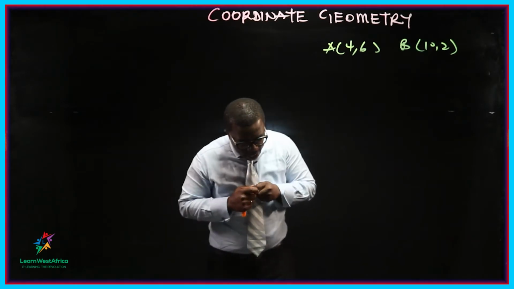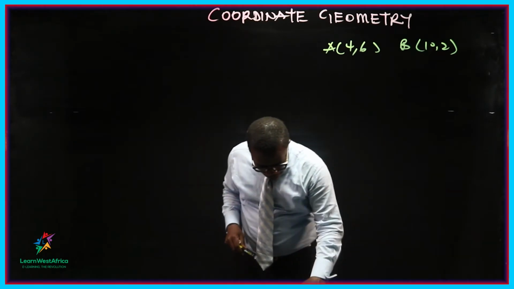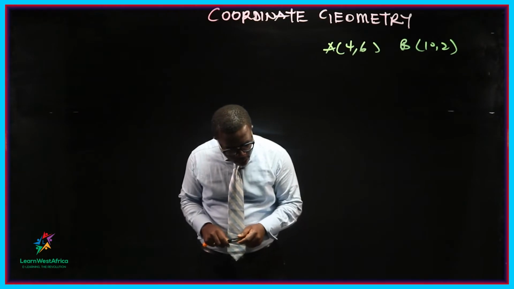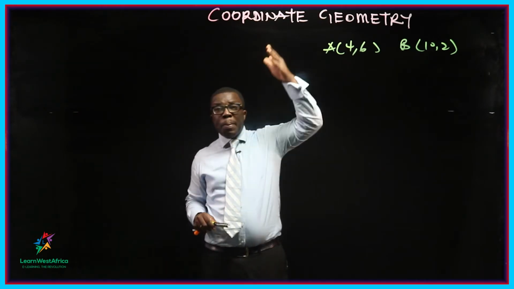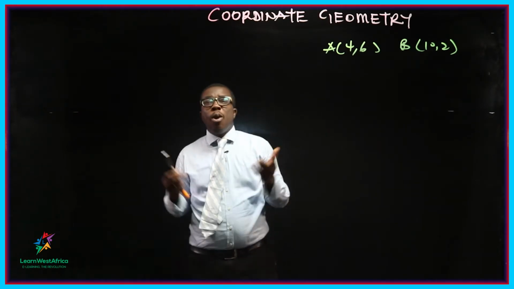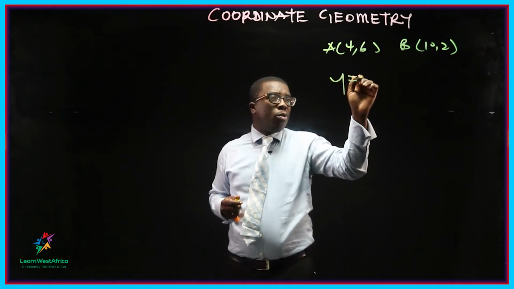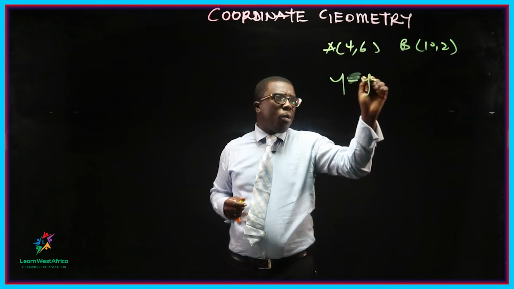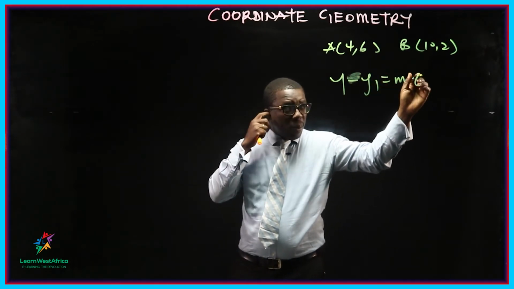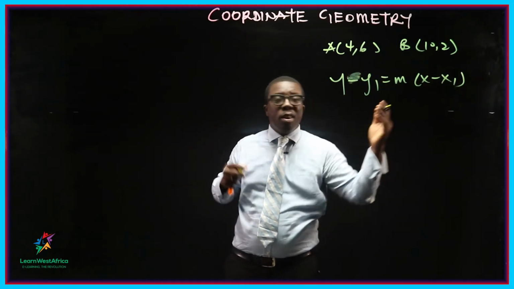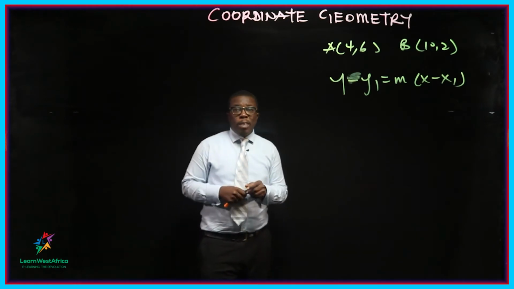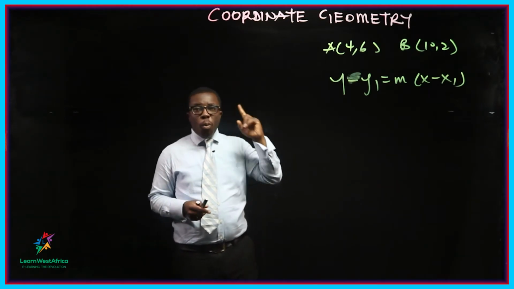And we want to find the equation of the perpendicular bisector. So how do we find the equation of a straight line? We know y minus y1 equals m times (x minus x1), the one-point formula, which requires that we find the gradient and one point.